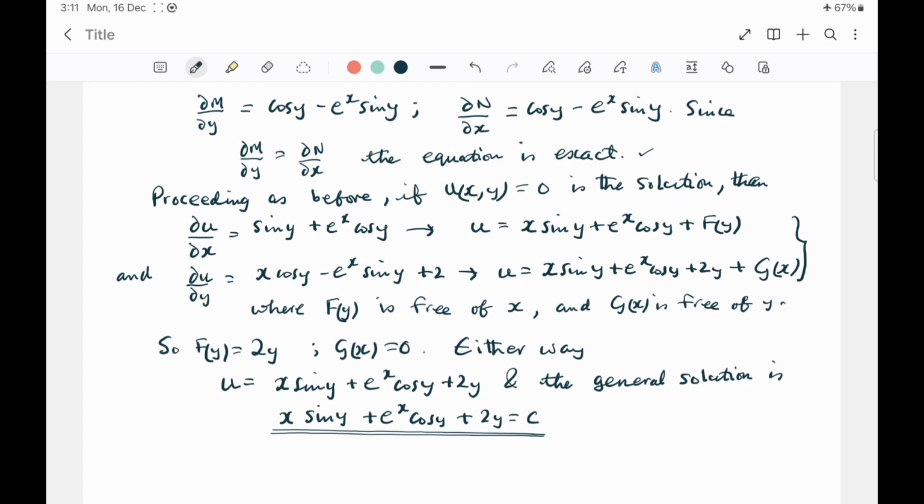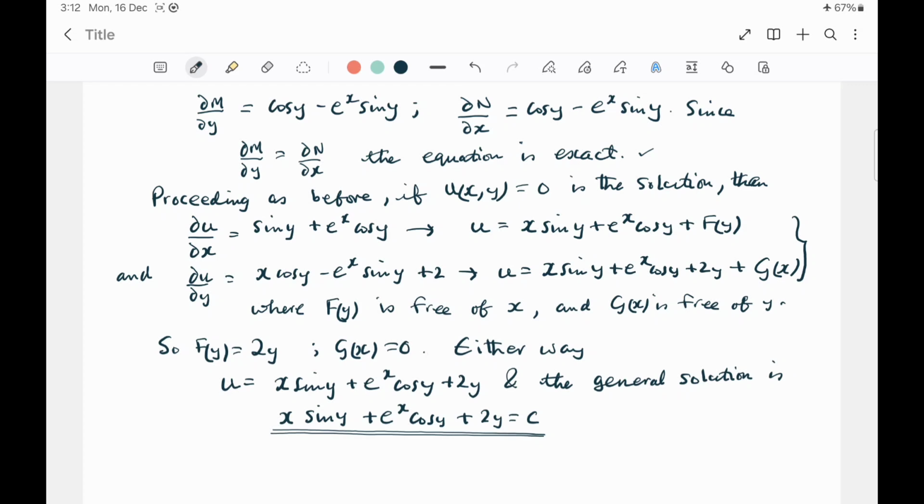And similarly, partial du/dy is x cos y minus e to the x sin y plus 2, which on integrating with respect to y, keeping x fixed, is u equals x sin y plus e to the x cos y plus 2y plus g of x, where, as before, f of y is free of x and g of x is free of y.